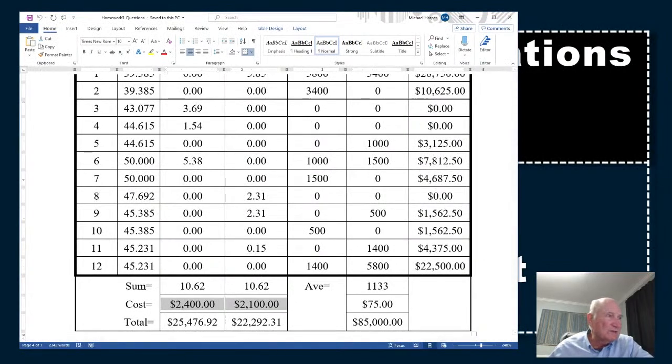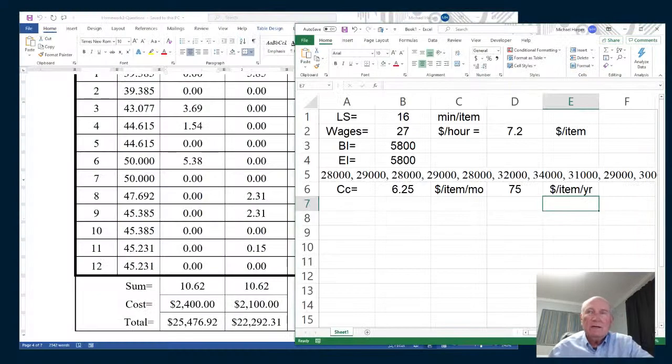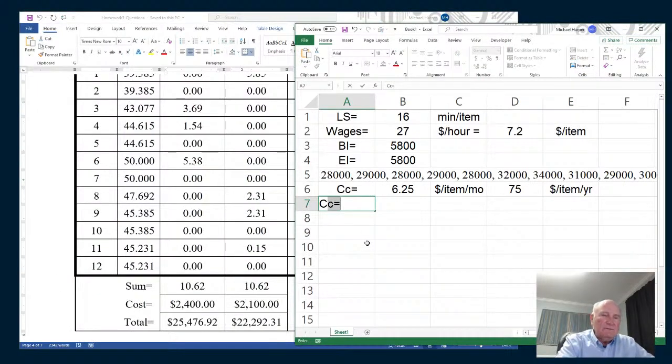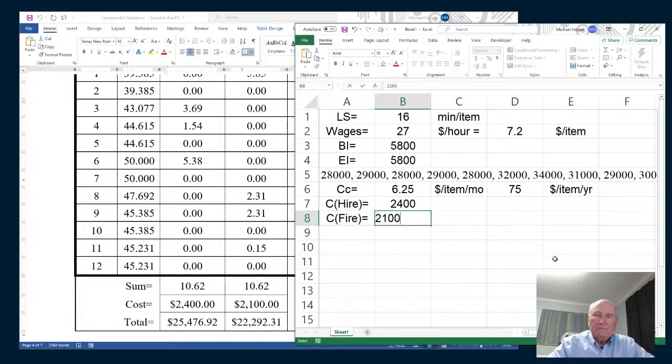bring my Excel spreadsheet back and put it in. Here we go. So we want the cost of hire is $2,400, and the cost of fire is $2,100.